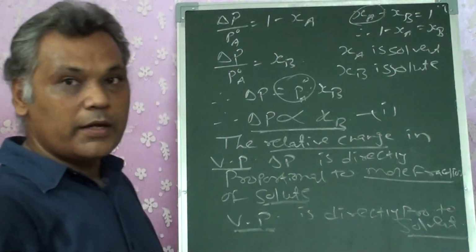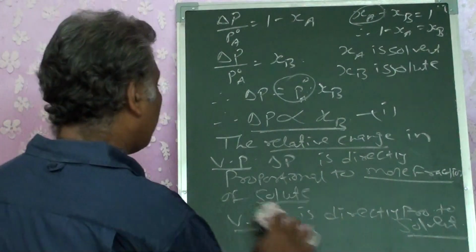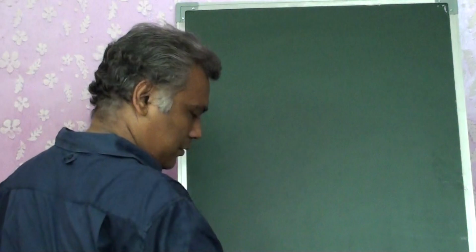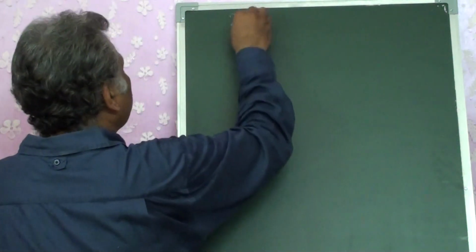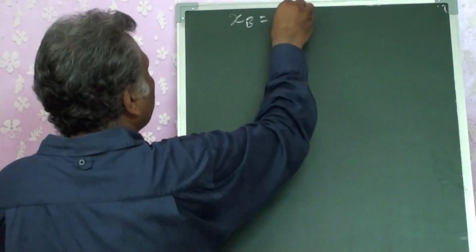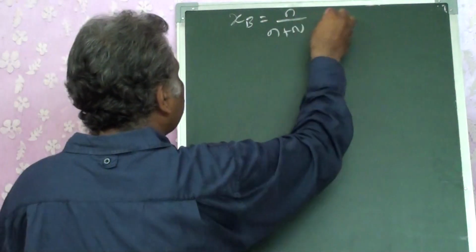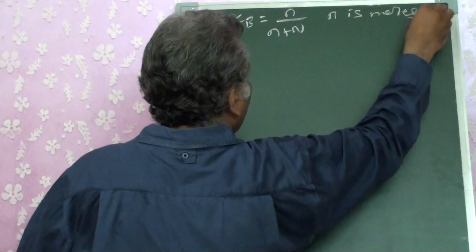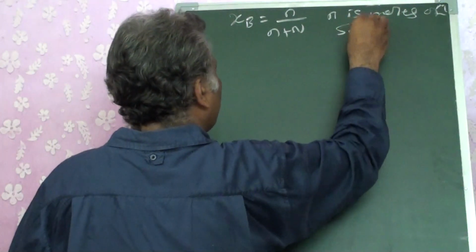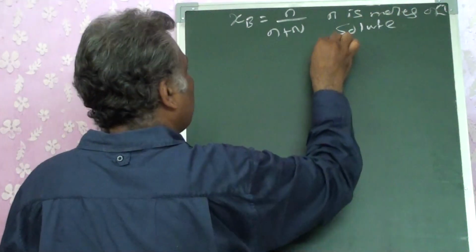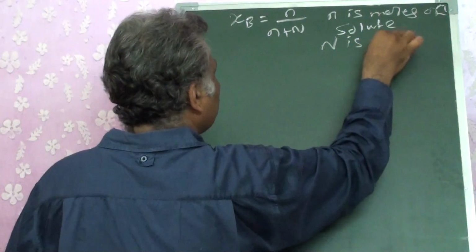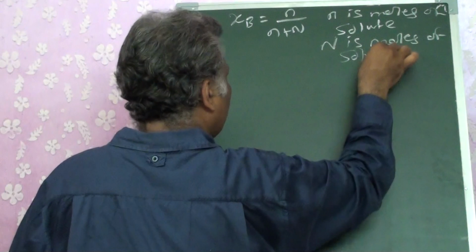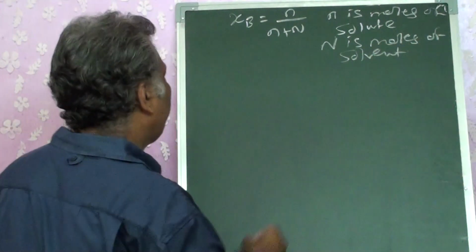If we elaborate that equation, what are we going to get? We know XB is equal to n upon n plus N, where n is moles of solute and N is moles of solvent.